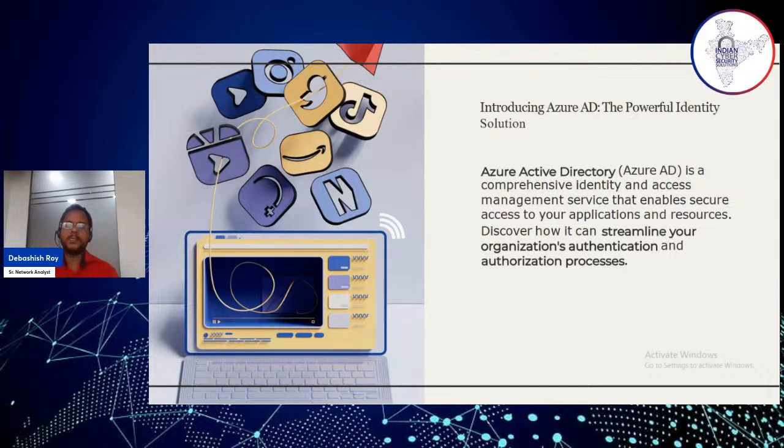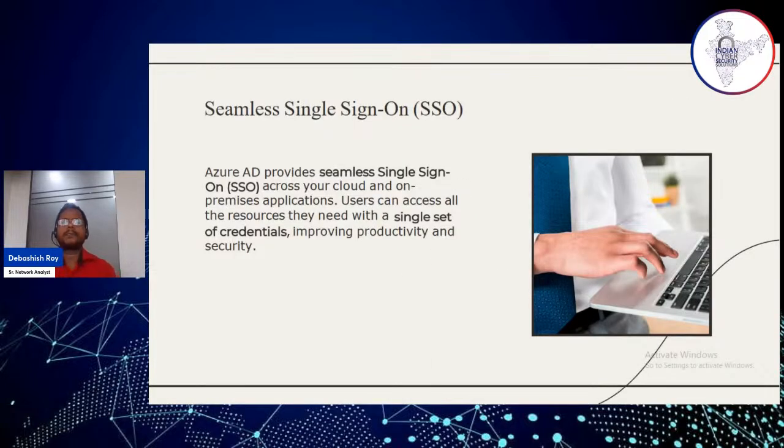It is the same thing, but it is in the cloud, in Azure. But we can actually interoperate between the on-premise Active Directory, Windows Server AD, and Azure AD. Seamless single sign-on is also possible, so that you provide single sign-on across your cloud infrastructure and on-premise applications.